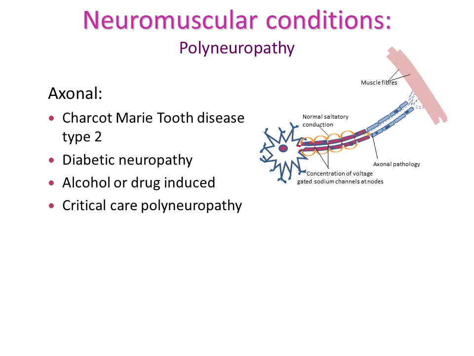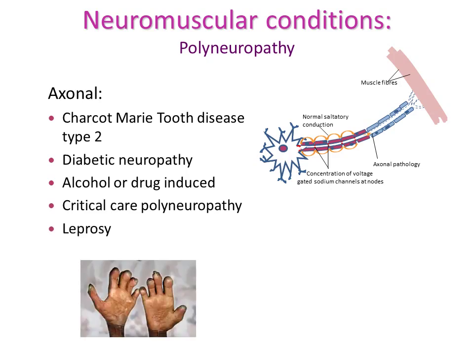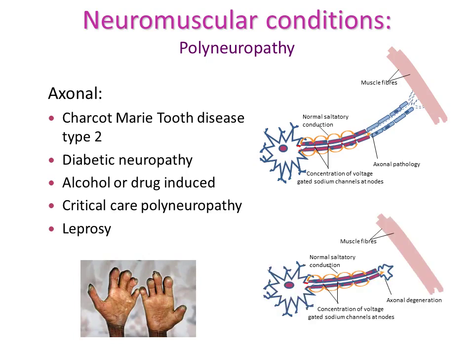And then there's critical care polyneuropathy, where people who've had long periods on intensive care units with sedation or paralysis agents can be vulnerable to critical care polyneuropathy. And then an example of an infective cause of axonal neuropathy is leprosy, which is rare in the UK but is seen across the world. And you can see in this bottom diagram here that the axon is degenerated back.